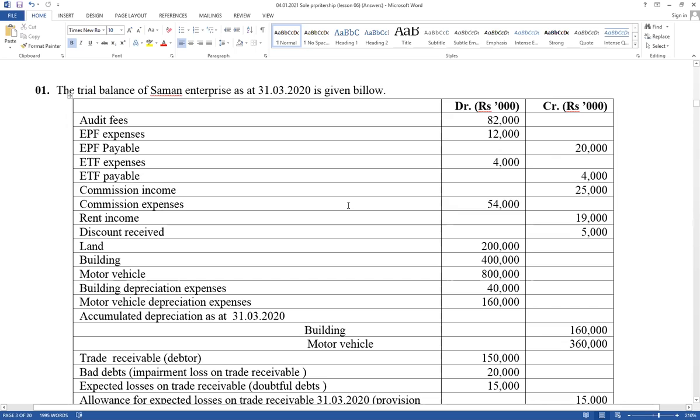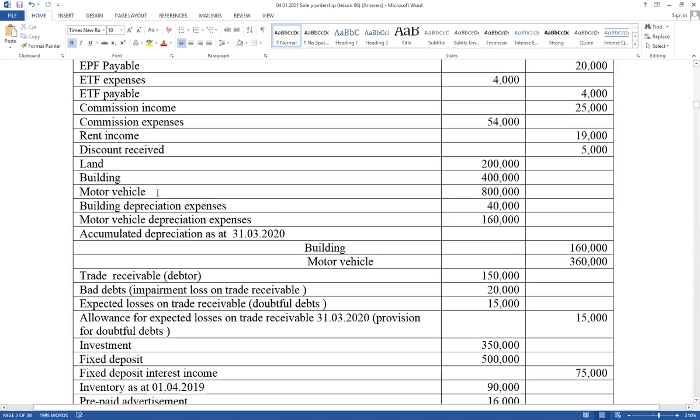But commission expense is an expense. Then rent income, income. Discount received, income. Think about land, building, motor vehicle, assets. And given building depreciation, motor vehicle depreciation expense, those are expenses.